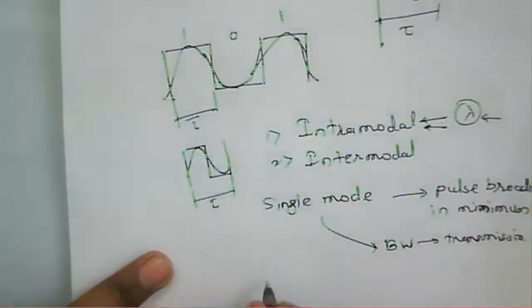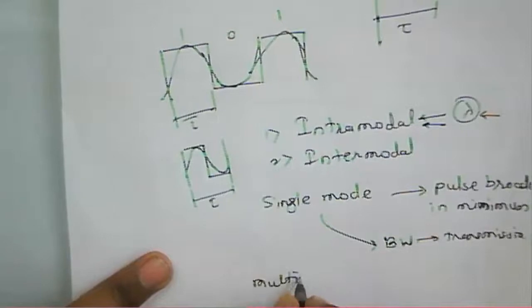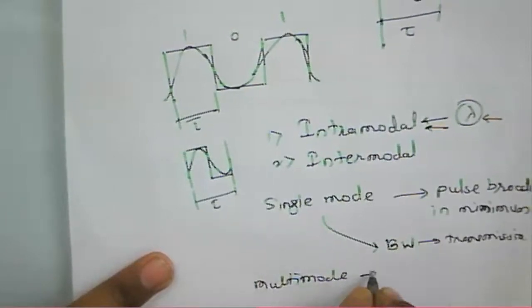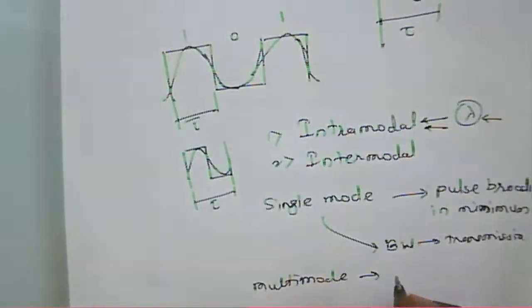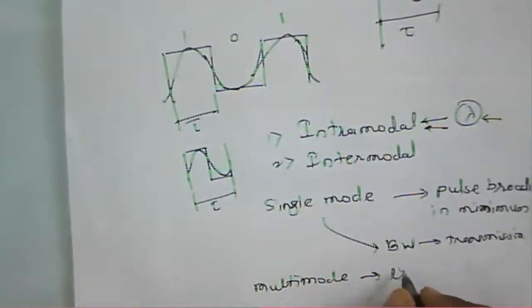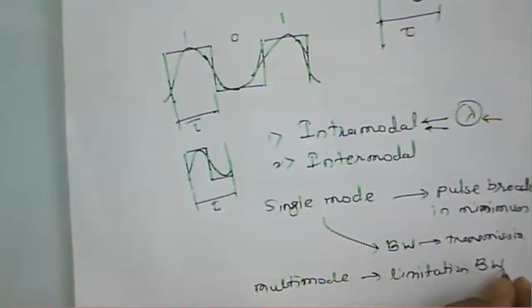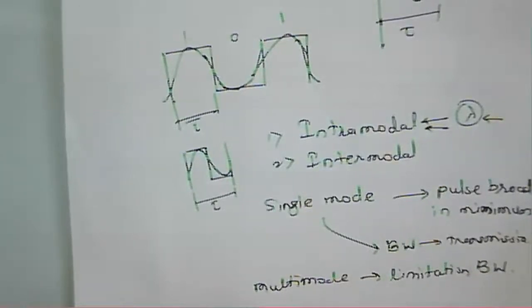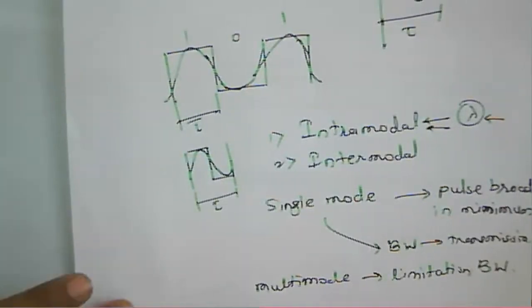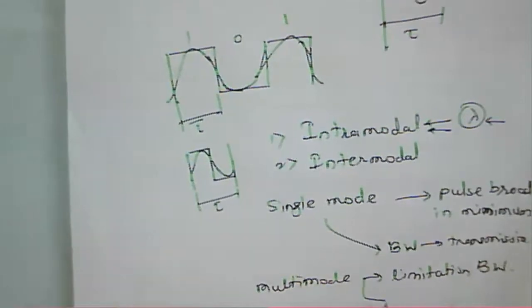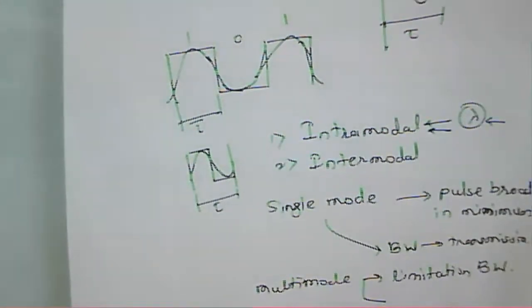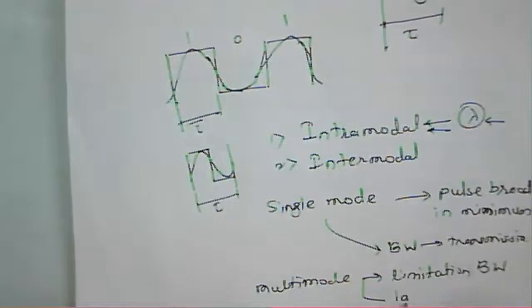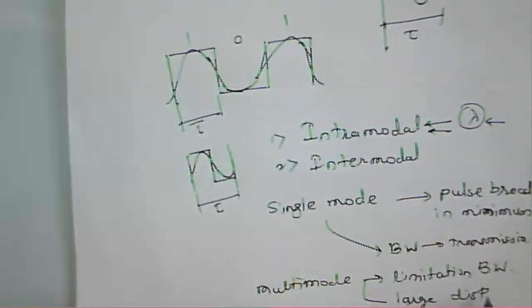And if you consider a multimode fiber, in that case, they have limitations of the bandwidth here, because the multimode fiber has large dispersion.